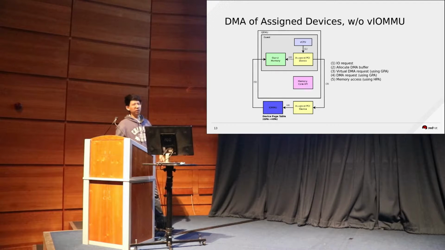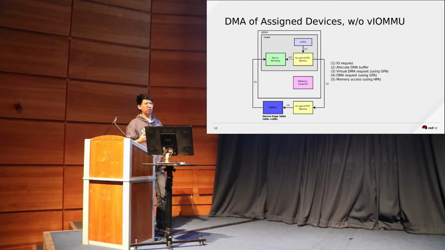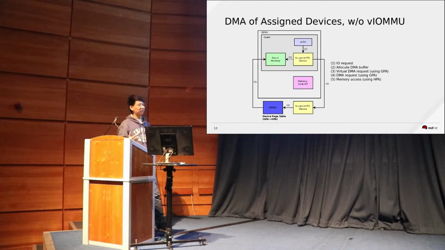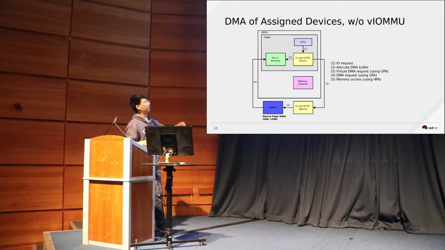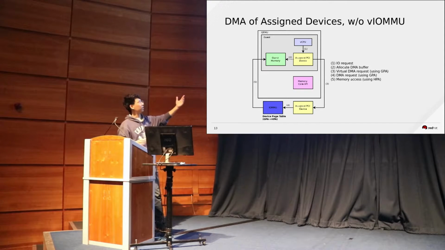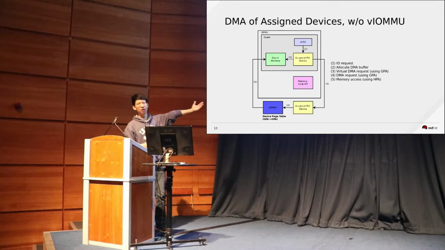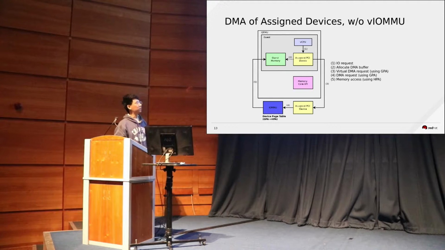And when we do DMA, basically you are doing the same thing as emulated devices. So we first allocate the DMA buffer in the guest as well. And no need to set up page tables because there is no IOMMU inside. And when we do DMA, we don't really do it inside QEMU. It will trigger a real DMA in the device on the real hardware to the host RAM.